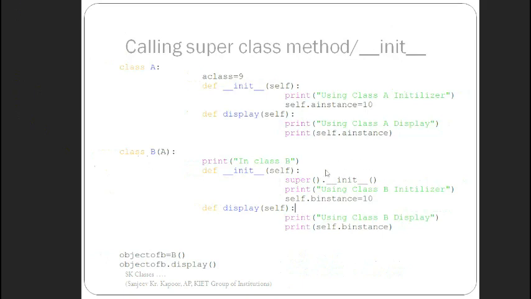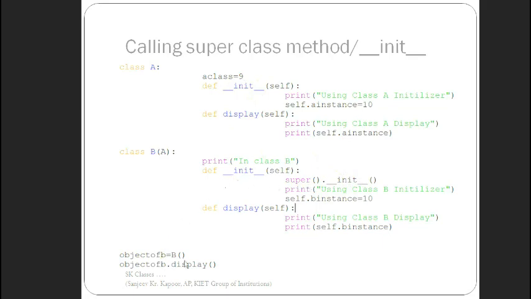Here is the same code, but with a super call in the initializer of class B, which is called whenever we create an object of class B. When it follows this initializer, it will find the statement super, then dot, and then the name of the initializer in the upper class. So this method is being called using the super keyword.